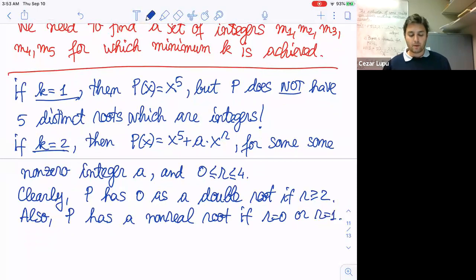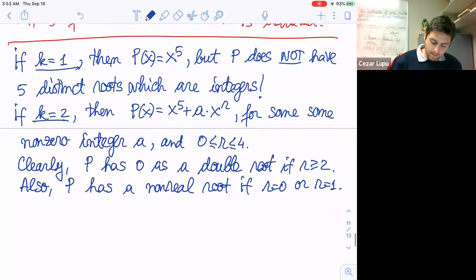So we eliminated this case as well. And now guess what? Well, this implies that k is at least 3.